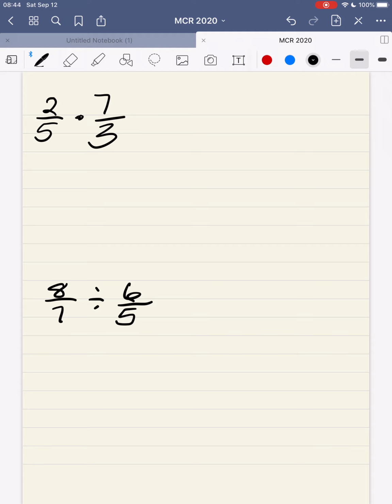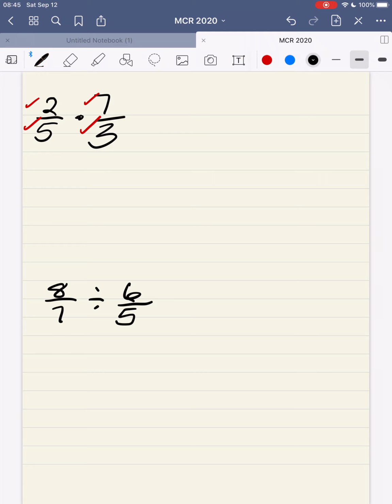Okay, so this one here, if I'm looking at all my numbers, I notice something. Both the 2, the 5, the 7, and the 3 are prime numbers. I also don't have doubles of any of them. This fraction will not simplify at all, right from the get-go.